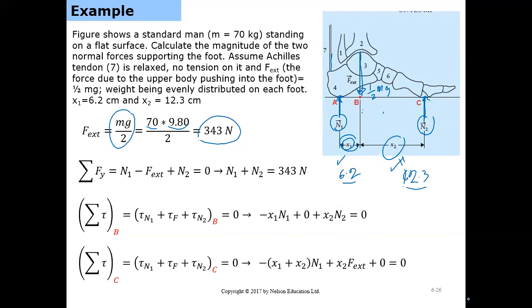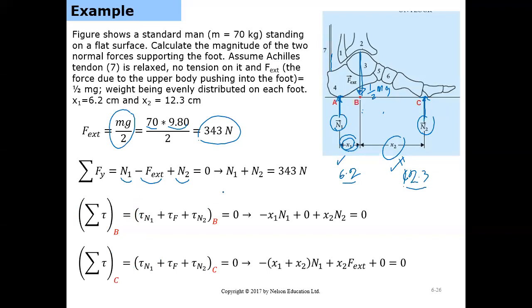So how do I get the exact value? Well, he is in equilibrium, so I can apply net force equal to 0. There are only 3 forces acting on the foot. N1 and N2, they are both positive, and half of the weight, which is the force external to that foot from the rest of the body, that is negative because it is down.